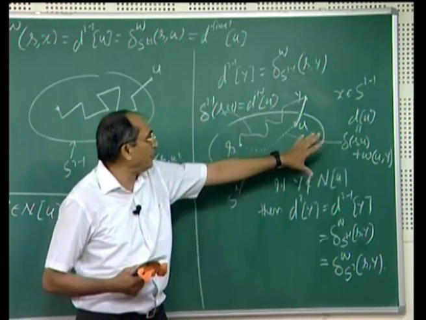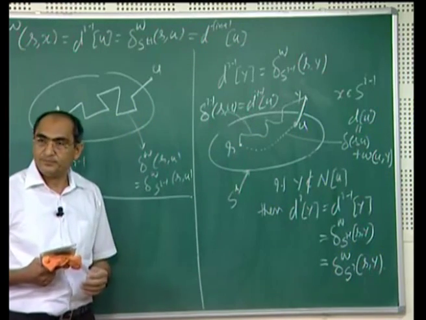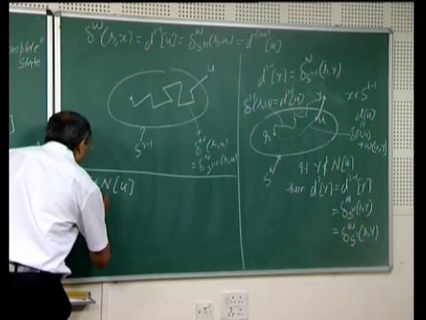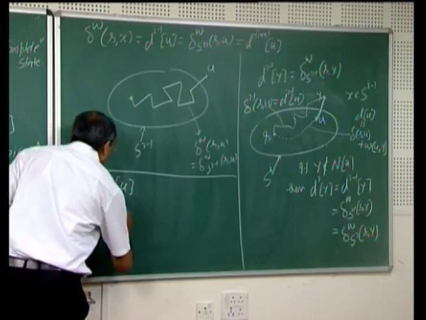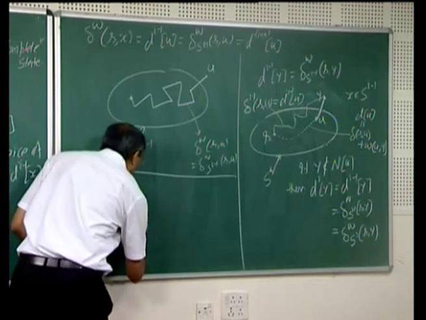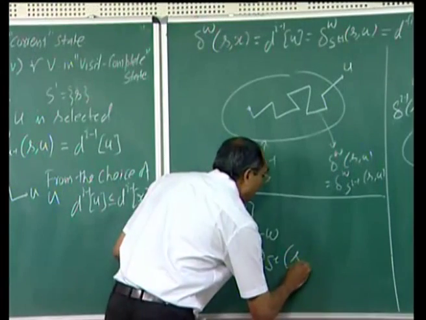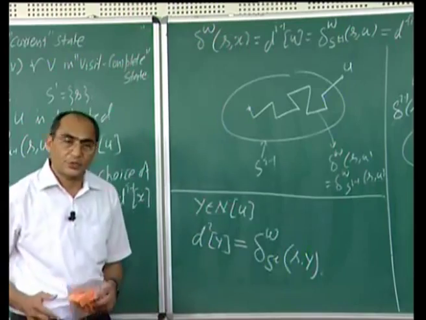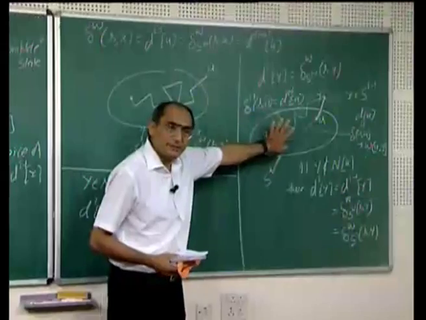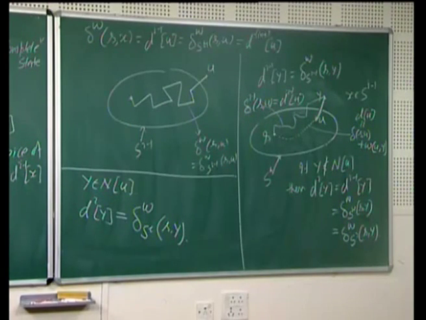Whichever is smaller will be the new value of d_y. So, in that case also we notice that d_i of y is now delta_w(s_i, s, y). This is the best path of this kind. So, we have established the first claim as well.